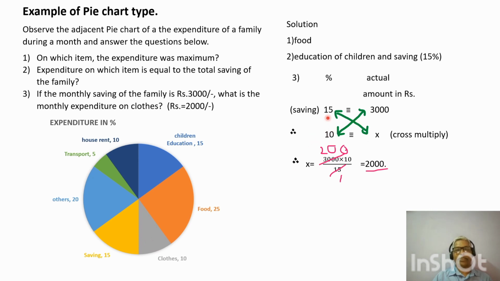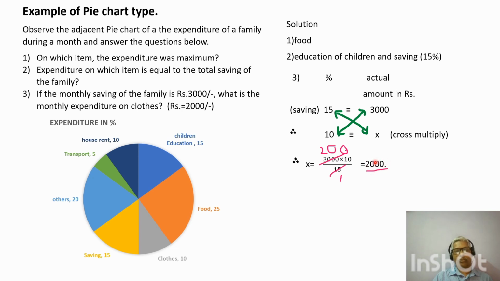Now we convert percentage into rupees. If 15% corresponds to 3000, then 10% corresponds to some unknown x, and we have to find x. You write percentage on one side, actual amount below, and this is unknown, so we go for cross multiplication and we get x equal to 3000 into 10 upon 15. If you cross multiply and divide, you get 2000.